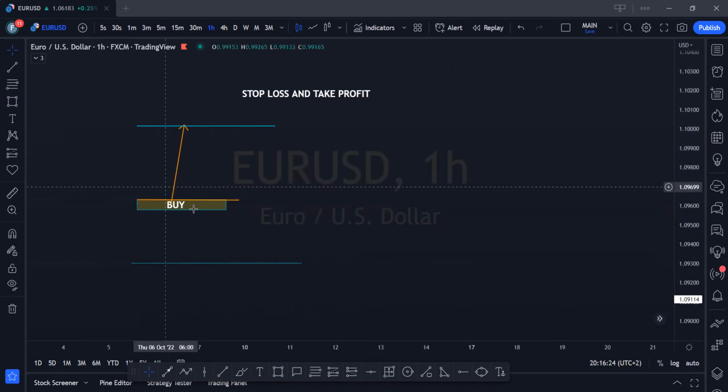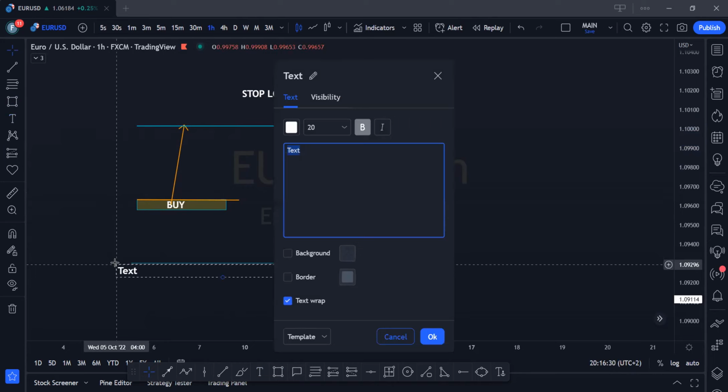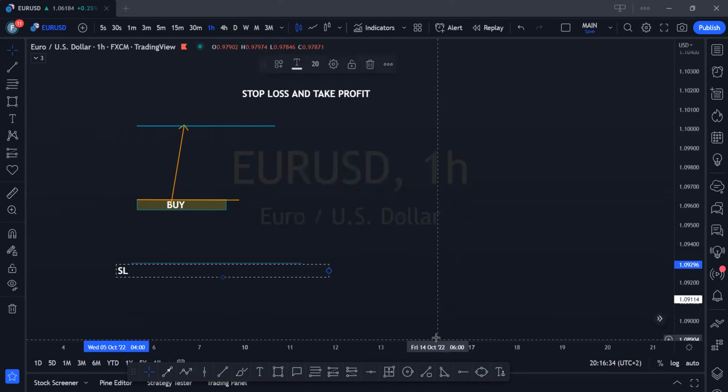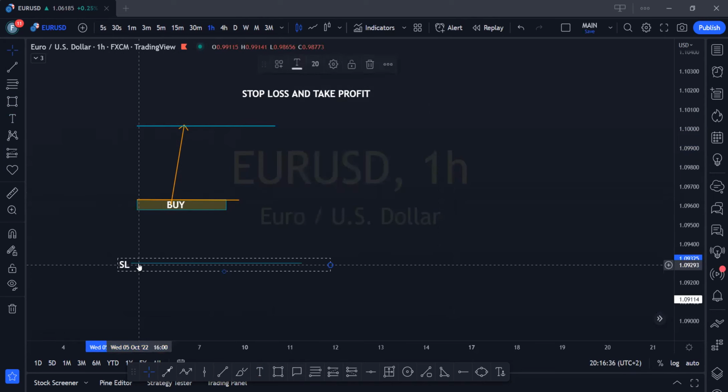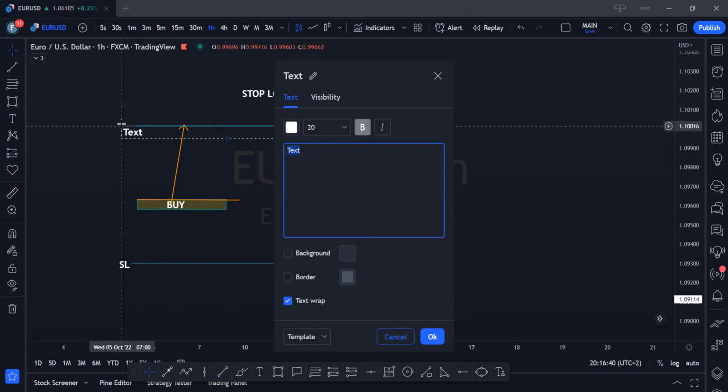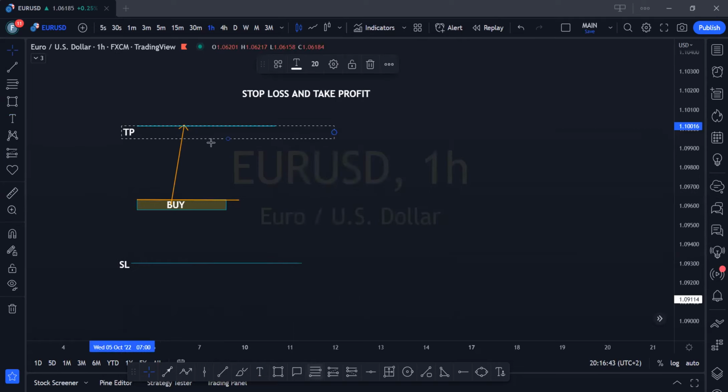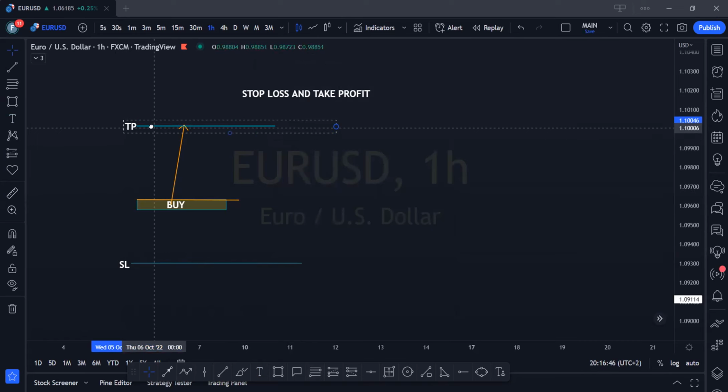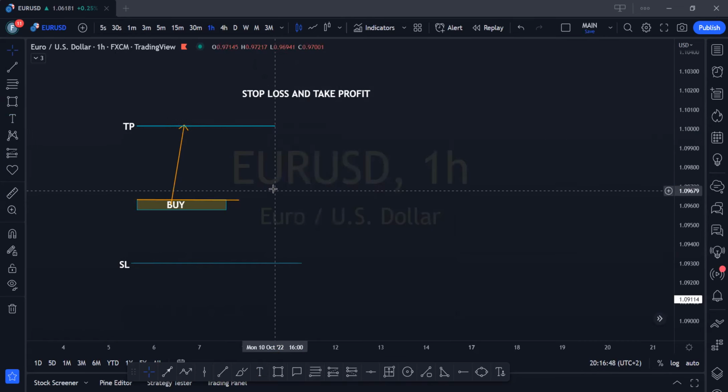So for a buy order, a stop loss, SL, is below. Then the take profit, TP, is above. All right, so that's what stop loss is and take profit is.